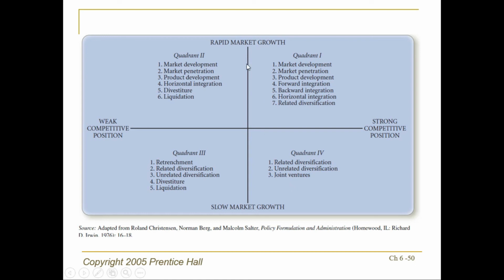And if the market growth is sluggish and your competitive position is also weak, you are in quadrant number 3, and there you go for retrenchment, related diversification, unrelated diversification, divestiture and liquidation policies.